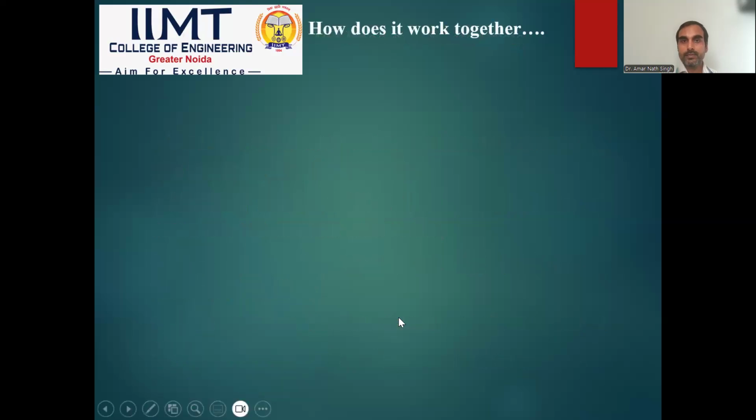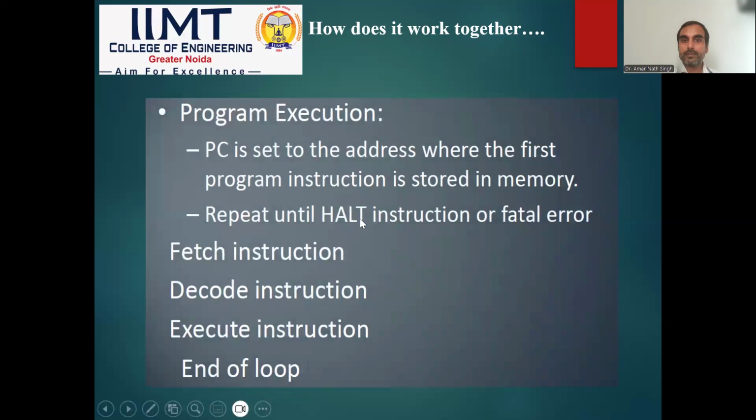Coming to the next and most important thing, how they work together. If I analyze the overall aspect, this is what I'm going to discuss: program execution. Program execution is the stage where the PC sets the addresses where the first program and instructions are stored in the memory.